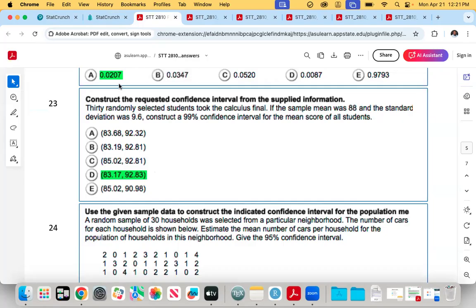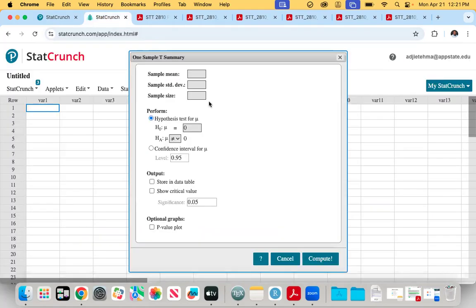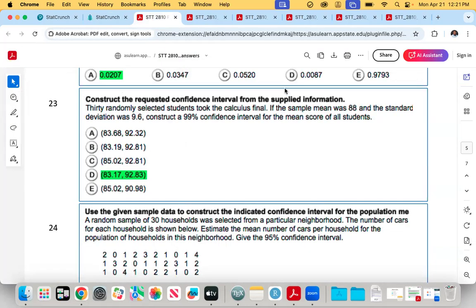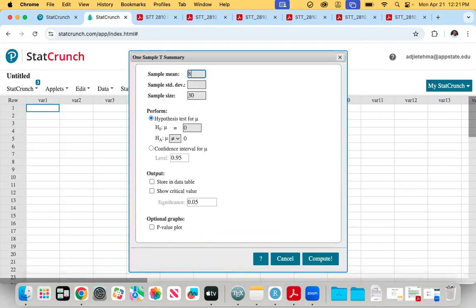Here we are told that 30 random students, so we put sample size here to be 30. What is the sample mean? The sample mean is 88. I put 88 here. What is the sample standard deviation? The sample standard deviation is 9.6.